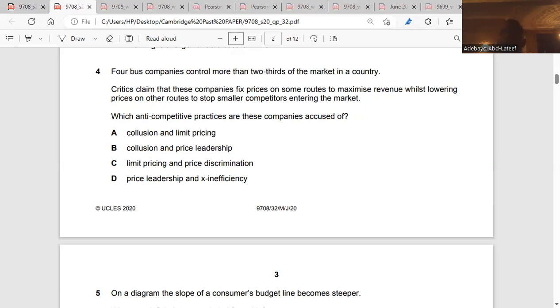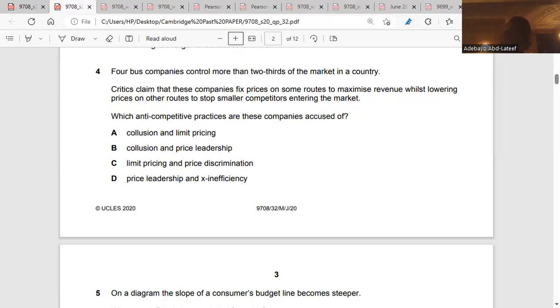So collusion is fixing prices and no competition. They are not supposed to have the same price, but after the agreement, they had the same price. We call it fixed price, not same price.